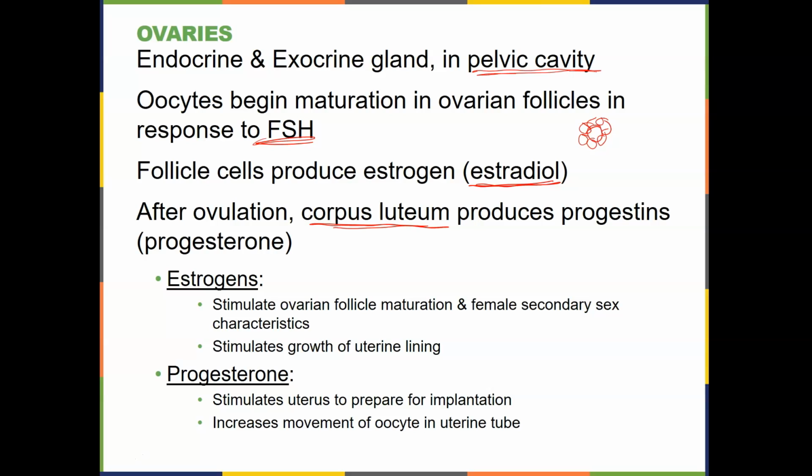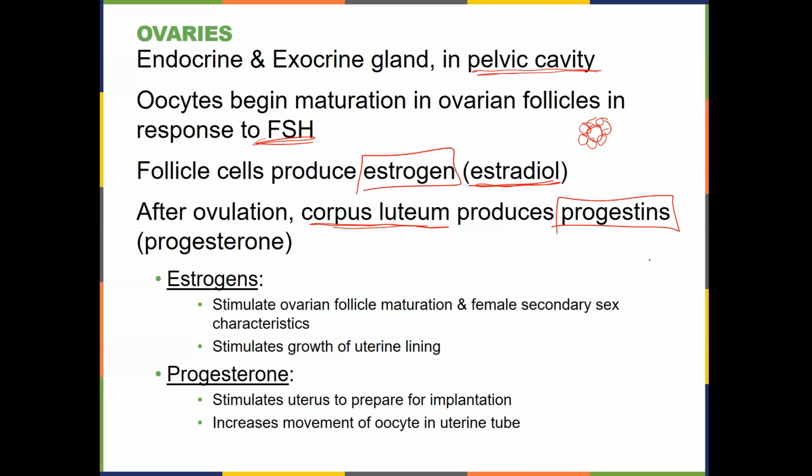in the uterus starts producing progesterone, which is also called progestins. Progestins is a general term, just like estrogen is a general term. Estradiol is the specific type of estrogen. Progesterone is the specific type of progestin, okay? Don't worry about why we have estrogen versus estradiol. It has to do with the atomic structure, okay?